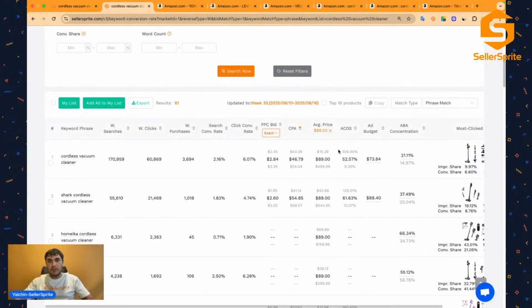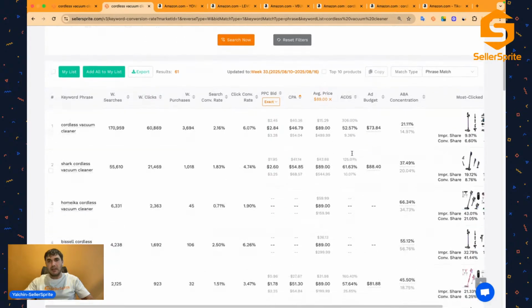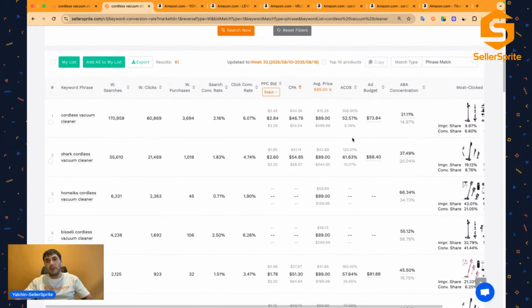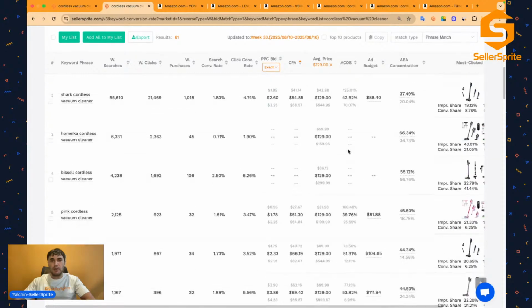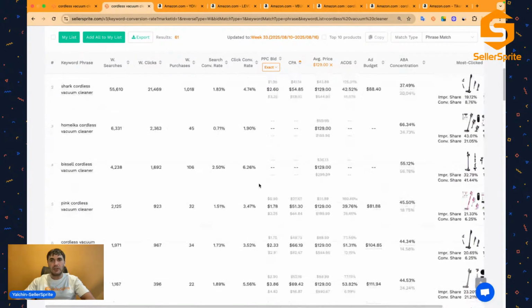If I'm selling the product at 89 and we see the equals here, what would be our threshold, what would be our ad budget? It's changing according to product price. It's important to understand and analyze these metrics accordingly. For example, if I put here 129, confirm, you see our ACOS is 20, 36, 42%, etc. It's going to change here.